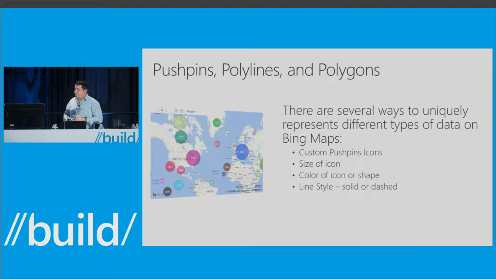That way you can look at the map and instantly know, okay, that's who that customer is. I don't even have to click on the push pin to find out. The size of an icon can make sense here. In the screenshot, we have some circles that are all scaled based on the size of the data, or some metric of that data, that I've passed in. And we have documentation on how to do that very easily in Bing Maps.